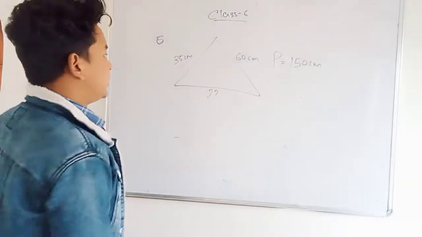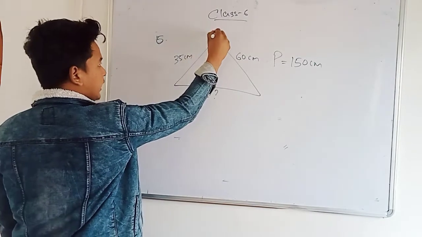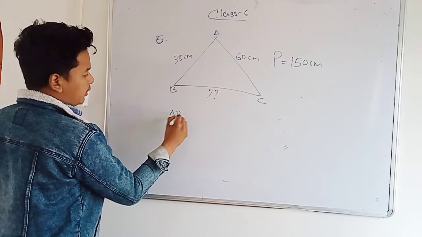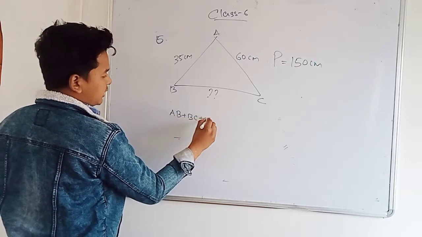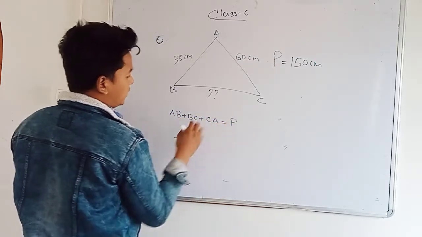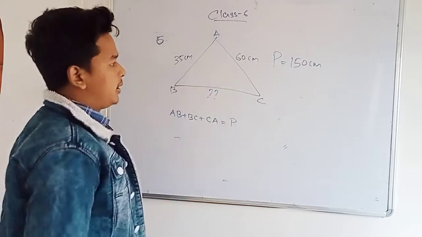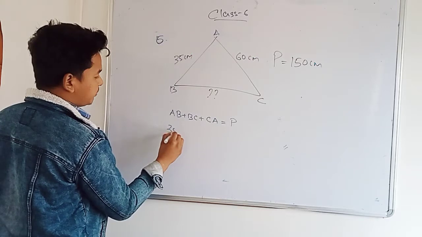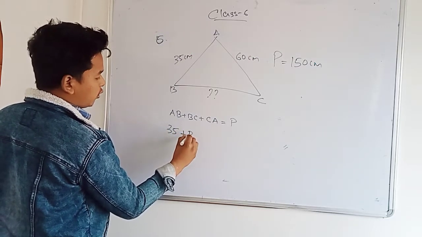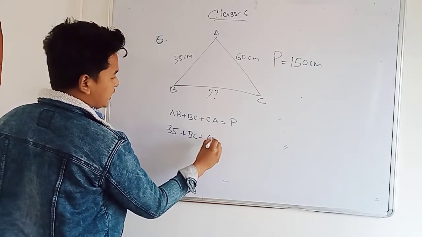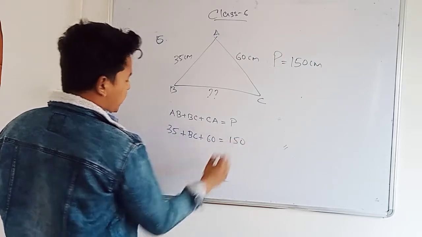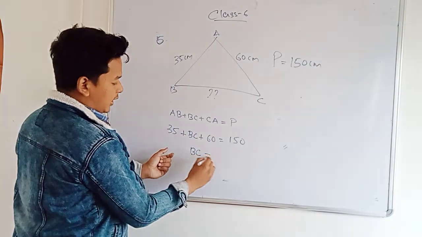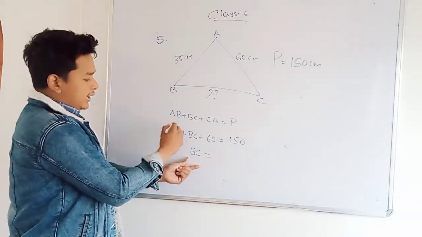So how to find the third side? We know, name the triangle, AB plus BC plus CA is equal to the perimeter. Means if you add the three sides, you will get the perimeter, right? So AB is given 35 plus BC you need to find, and CA is given 60 and perimeter is given 150. So you need to find BC, right? So let us keep the BC on the left hand side only and take this to the other side.